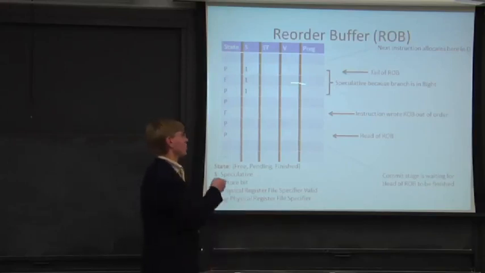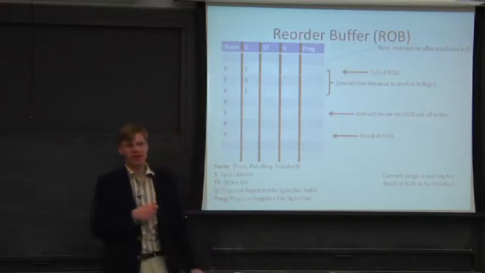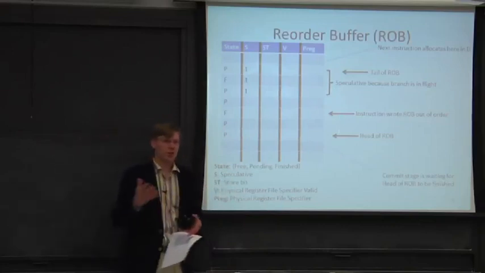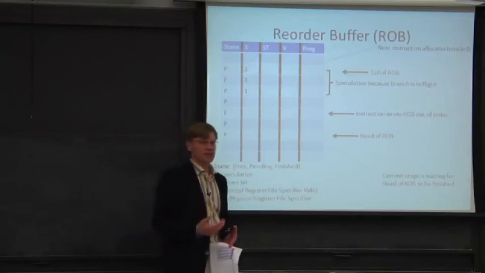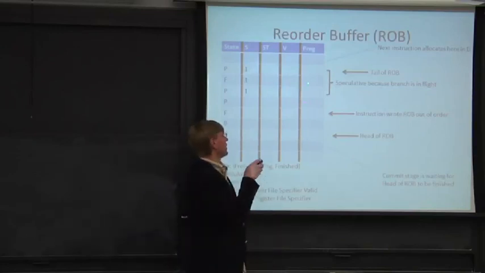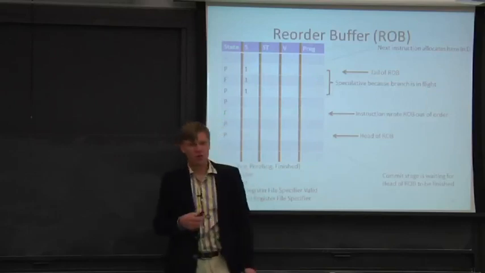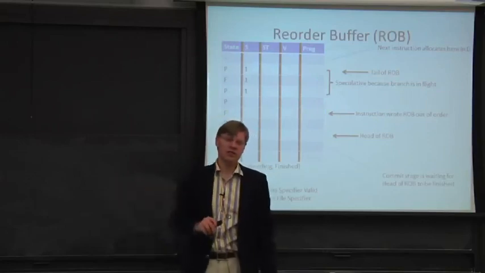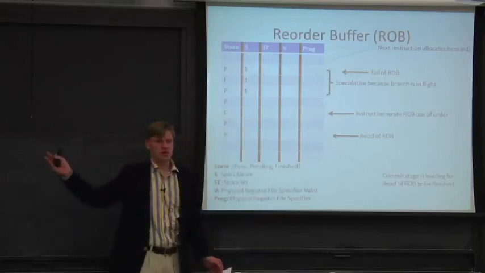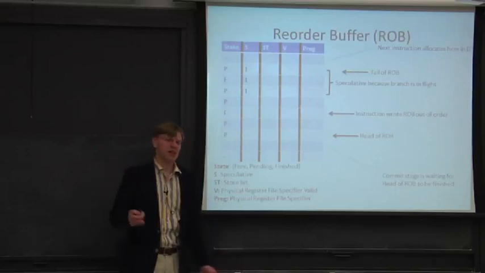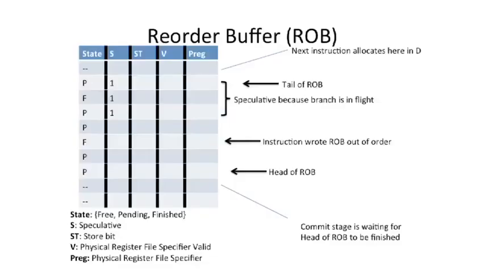We don't actually store the actual values in here. We just store a pointer into the physical register file because it's fewer bits. And this can tell us, oh, well, when this instruction here, which is already finished, is ready to go retire, or it's ready to go commit, go look in physical register file number 7 or something like that, and it goes and pulls that value out from there.